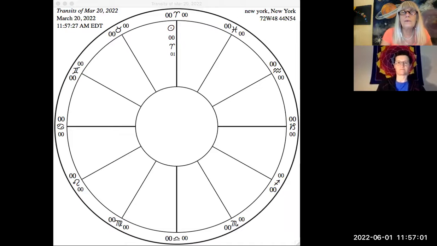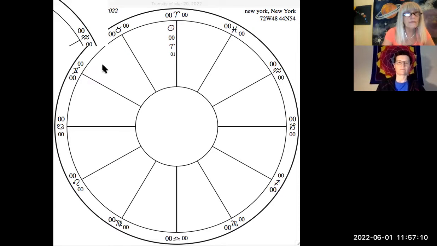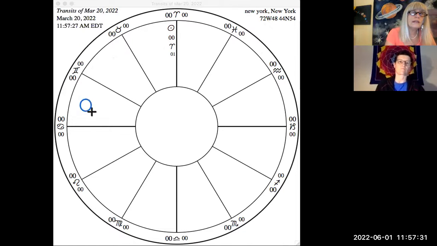Now, if you were born at the crescent moon, we will find the moon at anywhere between 45 and 90 degrees ahead of the sun. Anywhere between the sun and 45 degrees is the new moon, and then between 45 and 90 degrees will be the crescent moon. Okay, so let's pretend your moon is there.